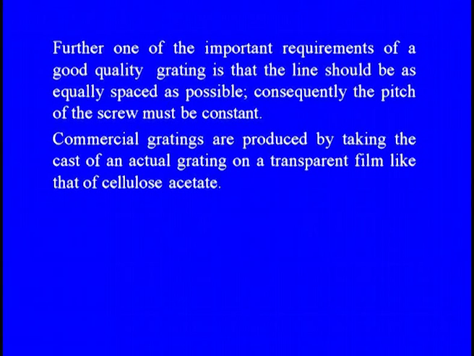Further, one of the important requirements of a good quality grating is that the lines should be as equally spaced as possible. Consequently, the pitch of the screw must be constant. Commercial gratings are produced by making a cast of an actual grating on a transparent film like that of cellulose acetate.